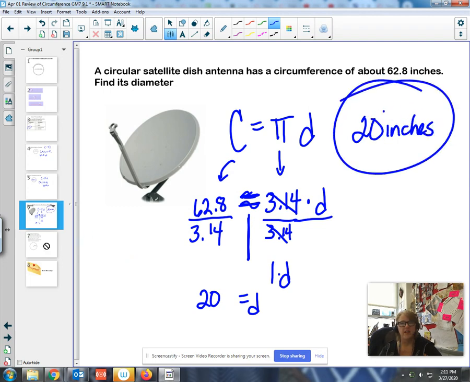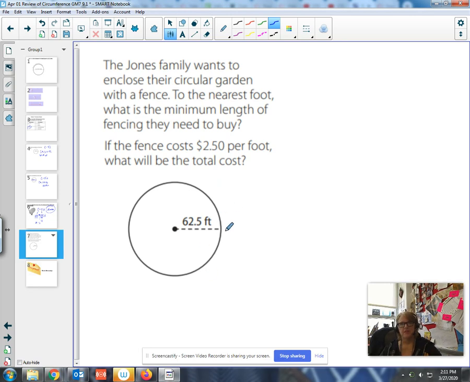Bam. All right, last one. Let's see if you can do this one. Pause me and see what you're coming up with here. The Jones family wants to enclose their circular garden. So here's their garden, and they want to put a fence around it, okay? They want to enclose their circular garden with a fence to the nearest foot. What is the minimum length of fencing they need to buy?